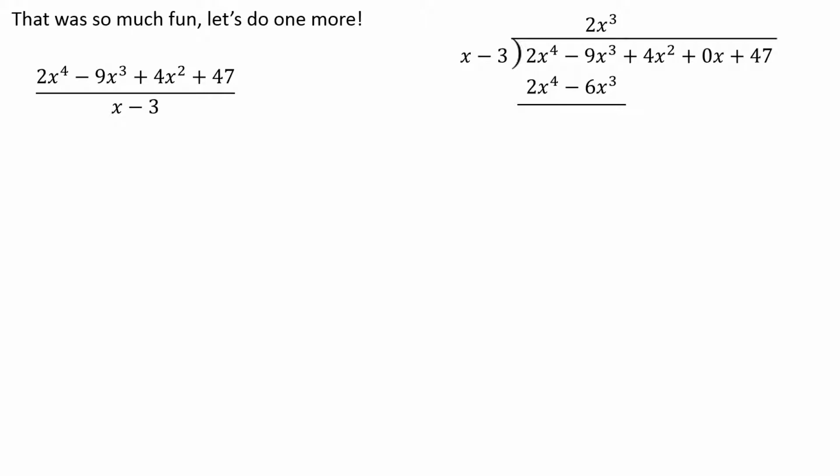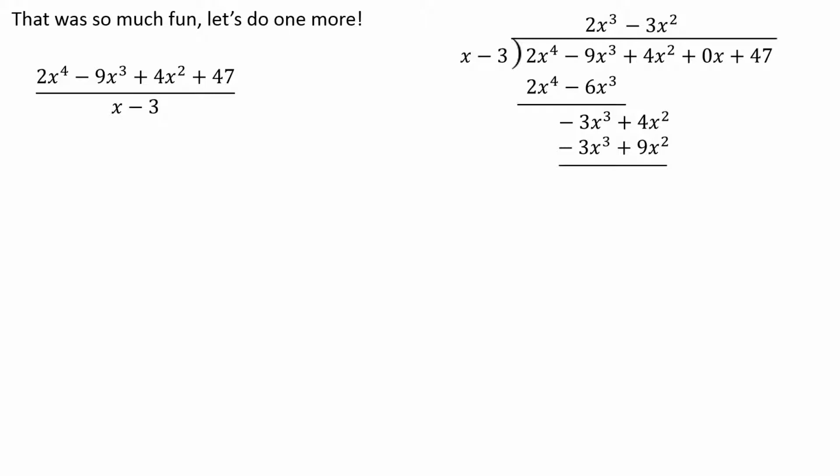But negative 9 subtract negative 6 comes out as a negative 3. So I have negative 3x to the 3rd. Bring it down, bring it down. Okay, x times negative 3x squared will be a perfect match because x times negative 3x squared gives me negative 3x to the 3rd. And of course, negative 3 times negative 3x squared is positive 9x squared.